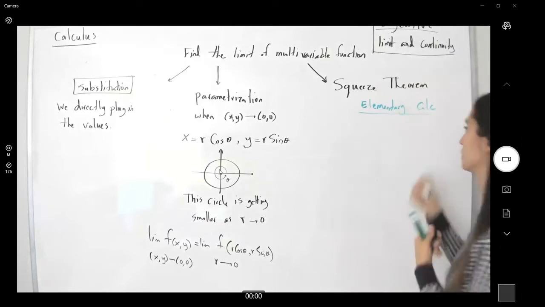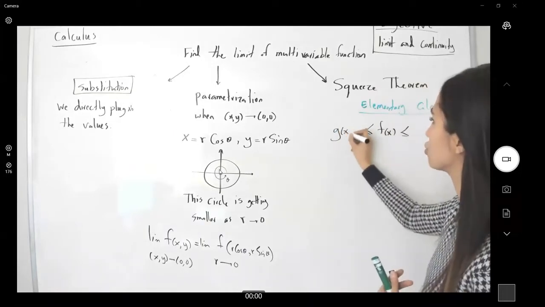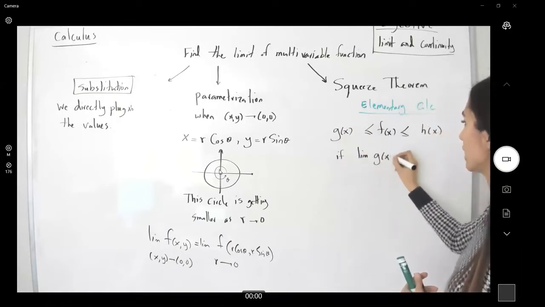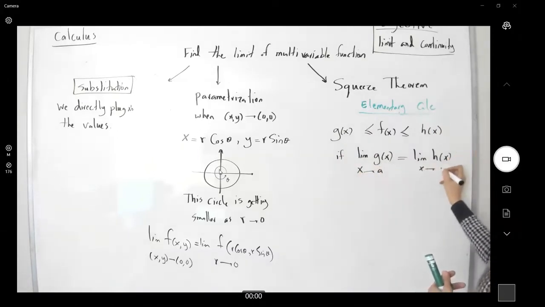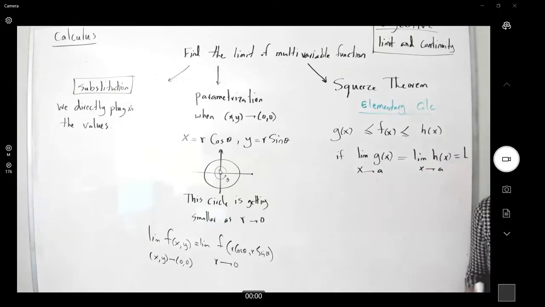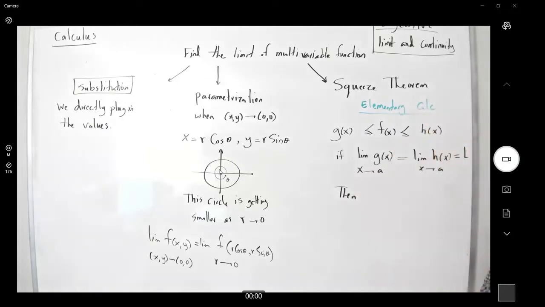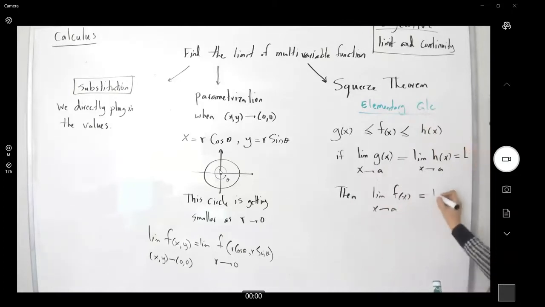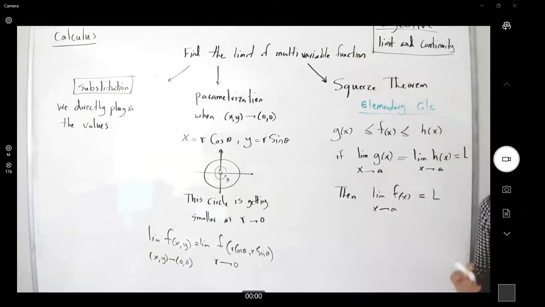If you have a function like f of x, which is sandwiched between two other functions like g of x and h of x, and if the limit of g of x is equal to the limit of h of x as x approaches a, and they are both equal to a number L, then you can conclude that the limit of f is also equal to L at a. This is the squeeze theorem. You can generalize the squeeze theorem to multivariable functions as well.